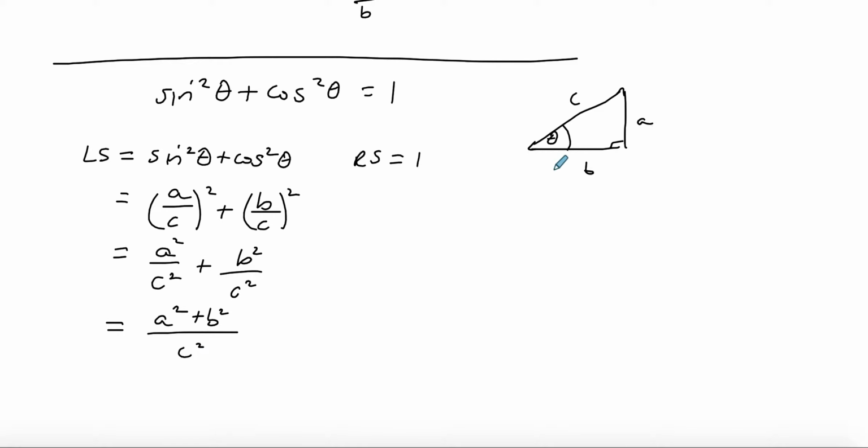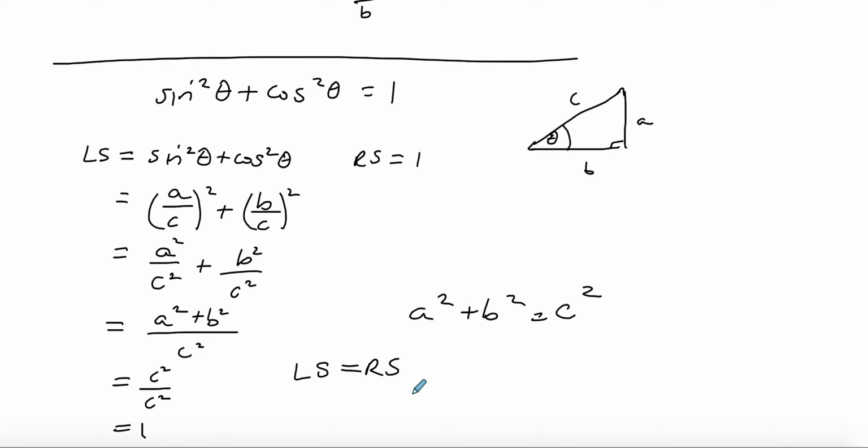But if we think about the Pythagorean theorem, that's why this is called a Pythagorean identity, a squared plus b squared, we know the Pythagorean theorem, it does equal c squared. So the numerator could be c squared, the denominator is c squared, and that equals 1. So our left side equals our right side, and we've come up with one way to prove that sine squared theta plus cos squared theta equals 1.